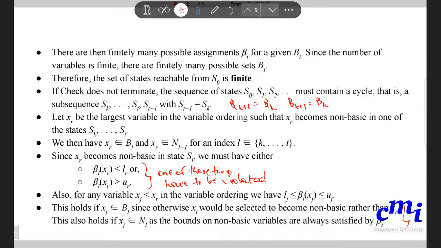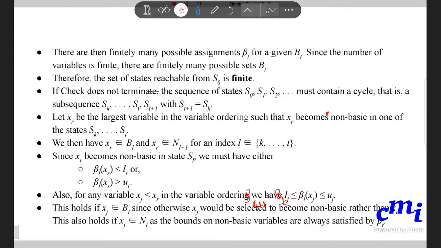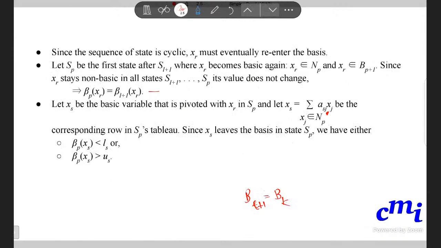Just to remind us all, L is the time point at which XR switched from basic to non-basic. P is the time point at which XR moves back into basic, and XS is the variable that is used to pivot XR back.